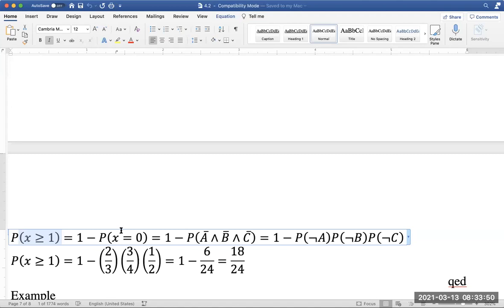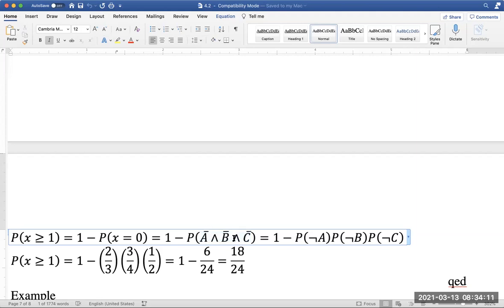So I don't want any of them to solve it. The probability that A does not solve it, and B does not solve it, and C does not solve it. These are independent events, remember? I'm assuming that there's no cheating going on here.